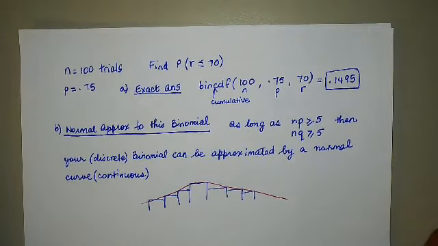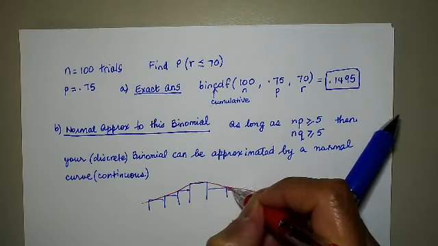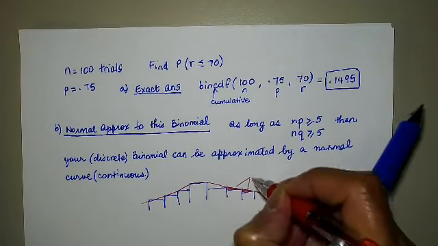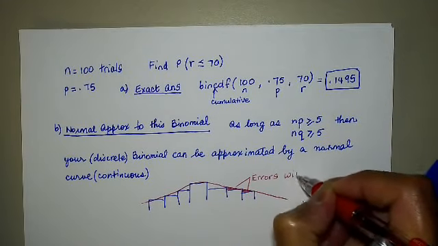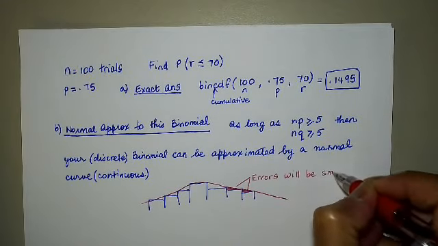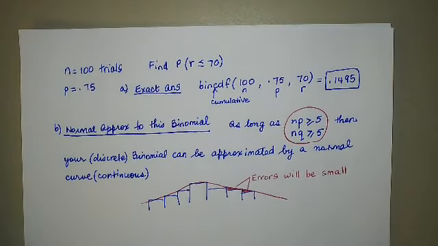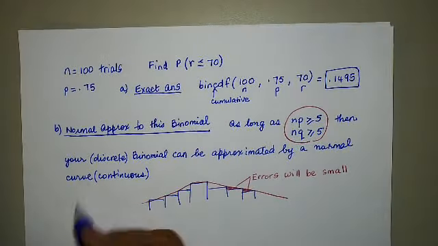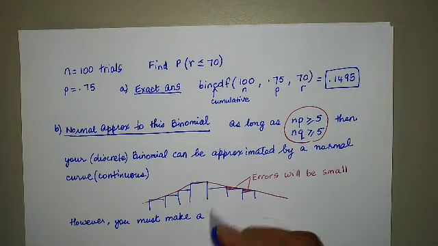As long as np and nq are each greater than or equal to 5, these errors, these things that I'm shading right now, are the errors. These errors will be small, providing that these conditions hold. However, you must make a continuity correction.